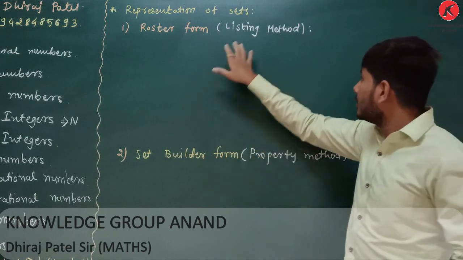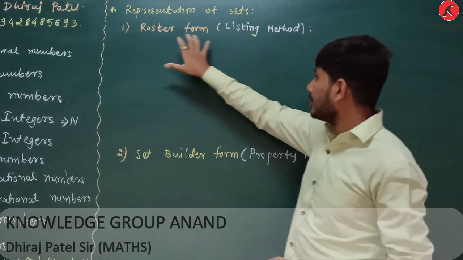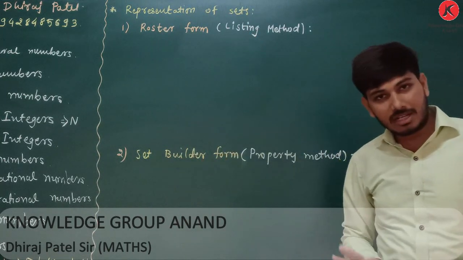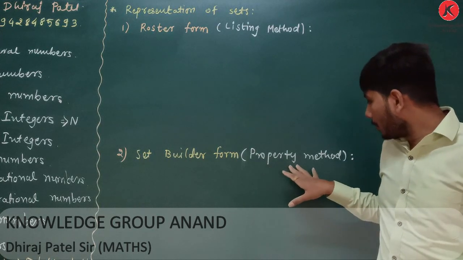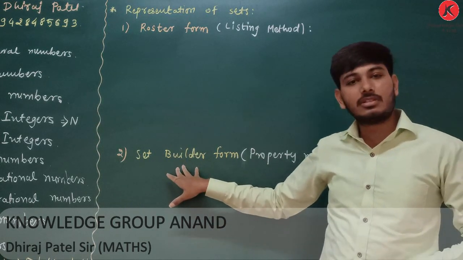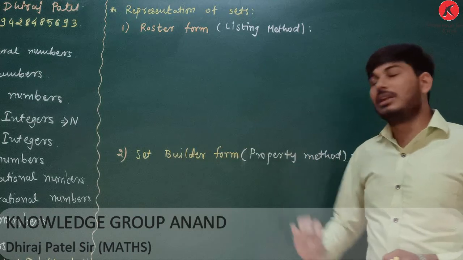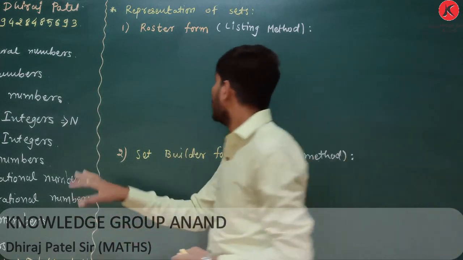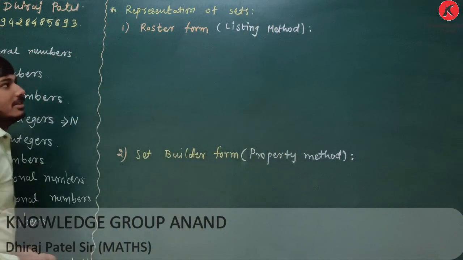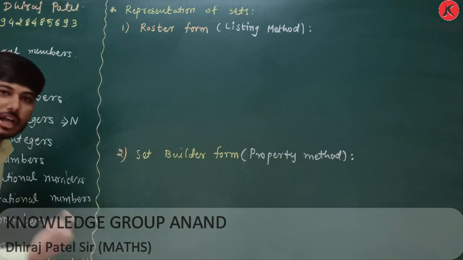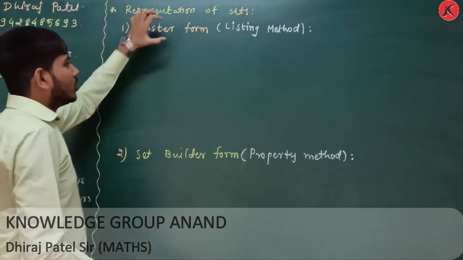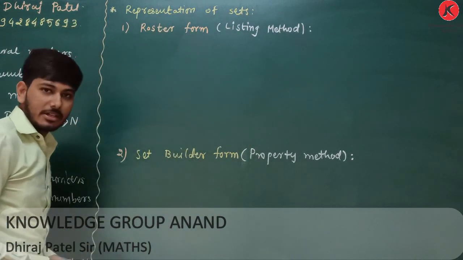The first method is known as the listing method, similar to roster form. Property method is the name of set builder form. Now we are discussing these methods and how we can represent in roster form or listing method.